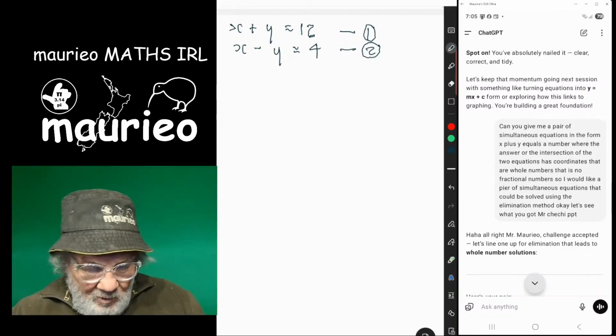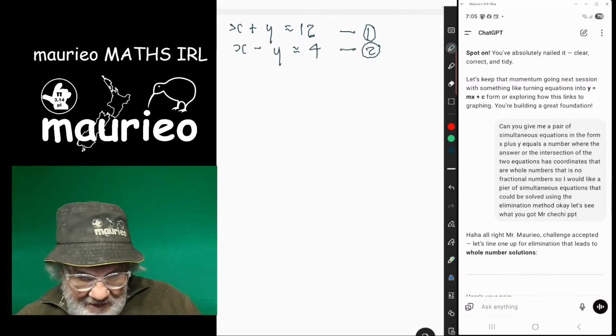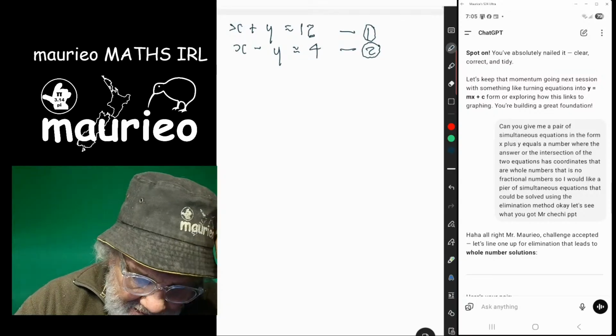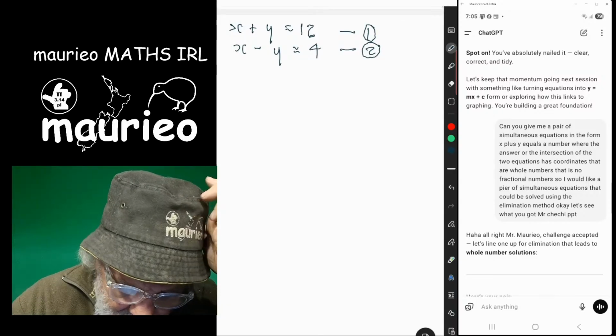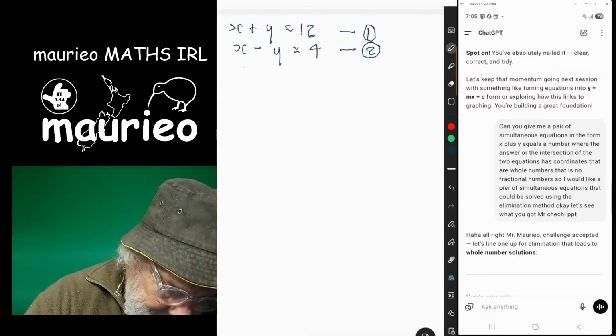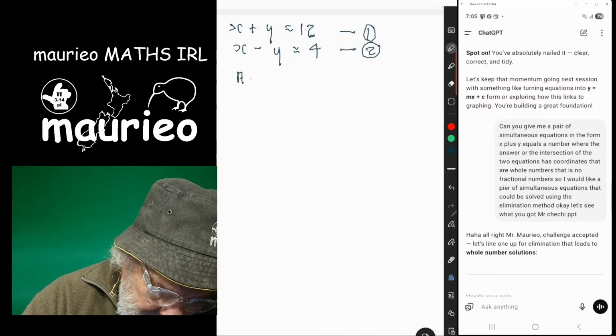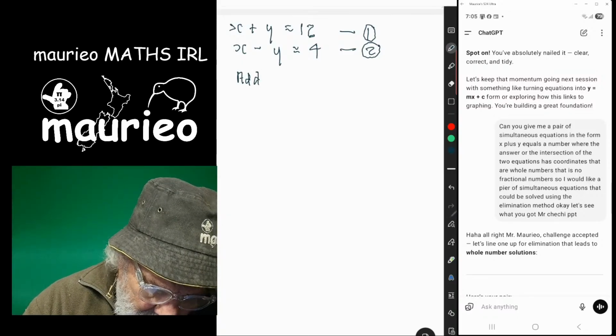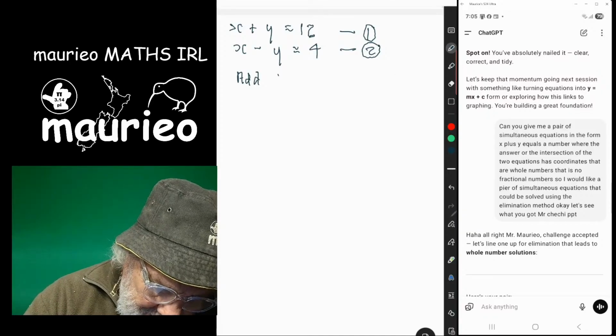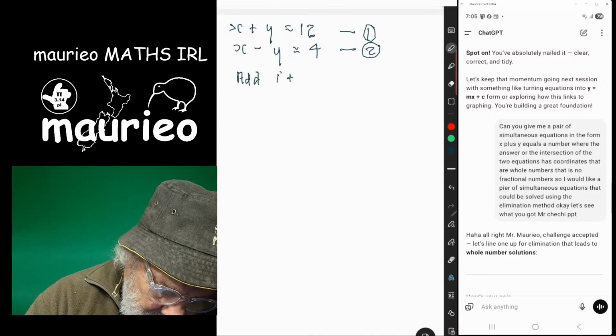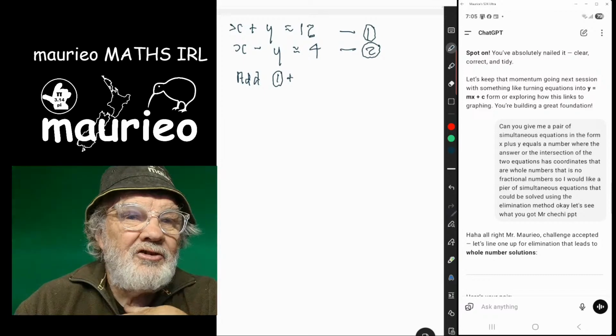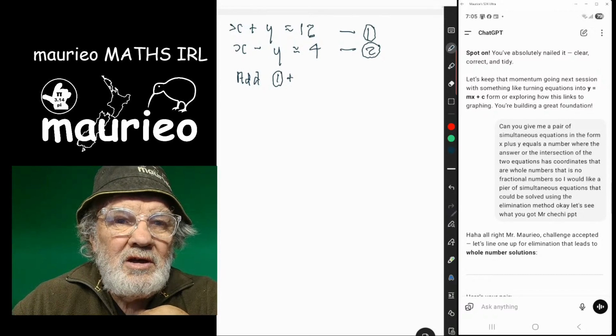Now, what I did was, these are perfectly as I said. So what we do is we can add equation 1 plus equation 2.